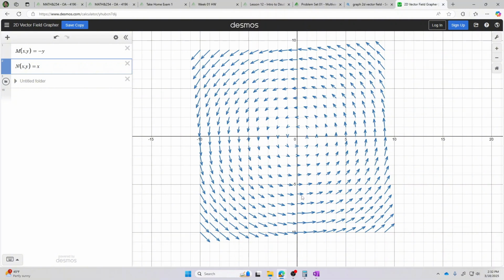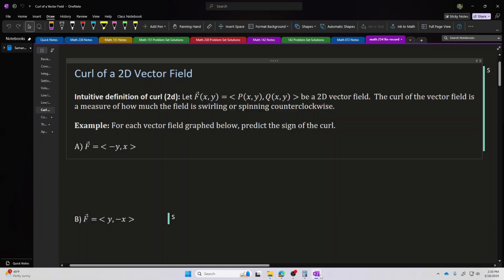Looking at this vector field, you can see an absolutely clear swirling or spinning motion of the vectors in the field, spinning counterclockwise. Because these vectors are spinning in the positive direction, counterclockwise around the origin, we would say that this vector field definitely has positive curl.